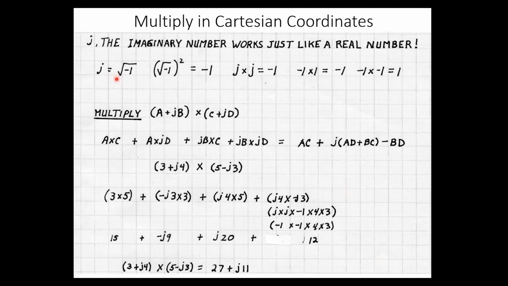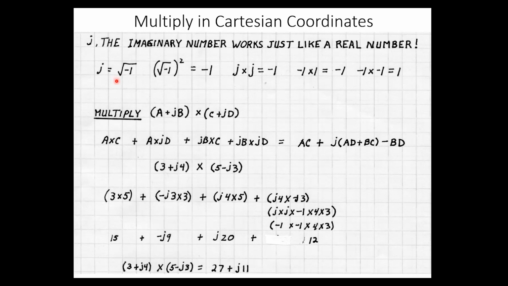What single number multiplied times itself equals -1? Doesn't exist. There isn't one. That's why it's called an imaginary number.